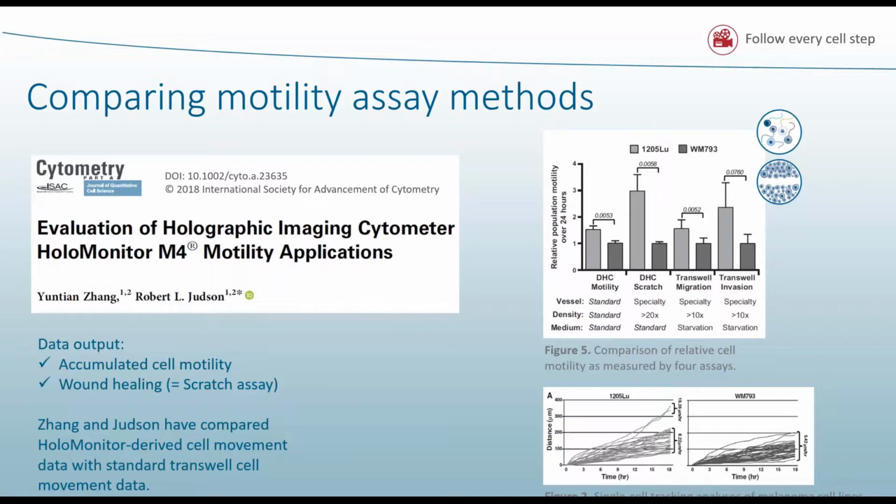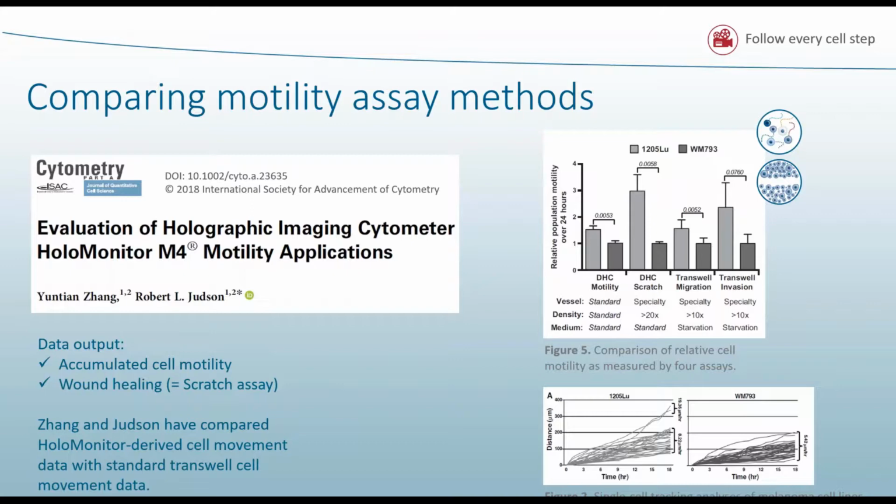And they compared that to transwell assays, one for migration and one for invasion. And they used two cell lines, one which is non-metastatic and one which is highly metastatic. And both cell lines showed the same comparative movement, independent of what assay was used.